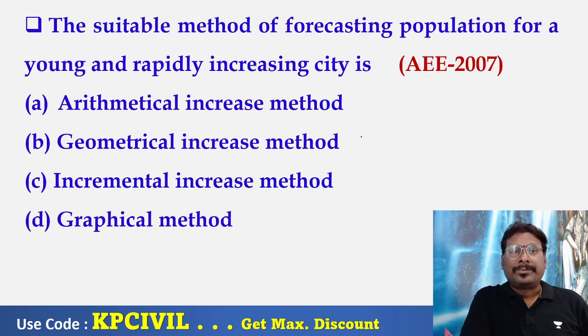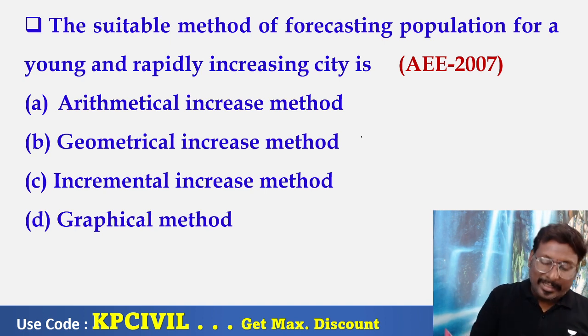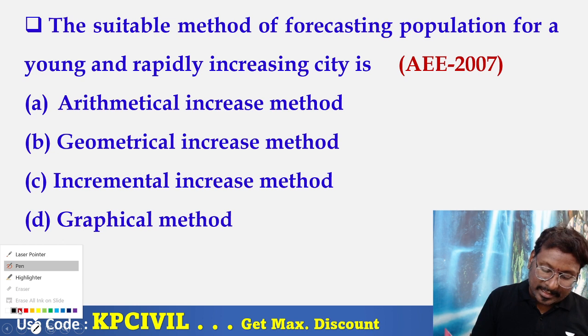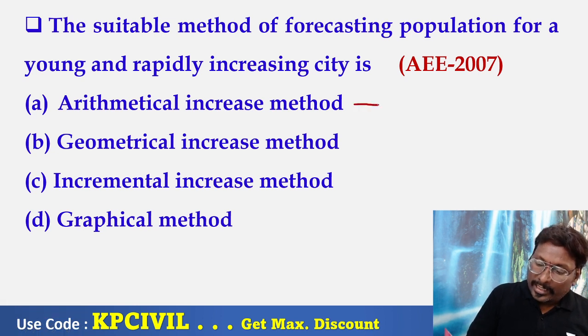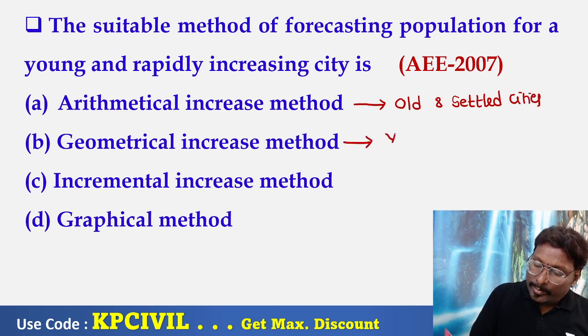Next question. Suitable method of forecasting population for young and rapidly growing cities. Arithmetic is for old and settled cities. Young and rapidly growing is the geometrical method.